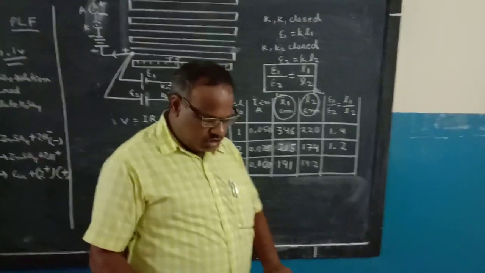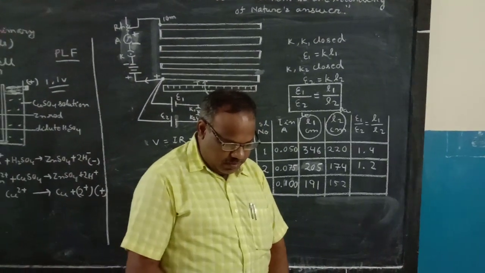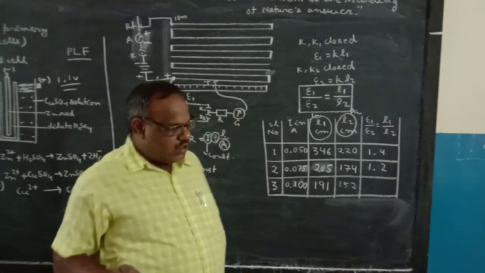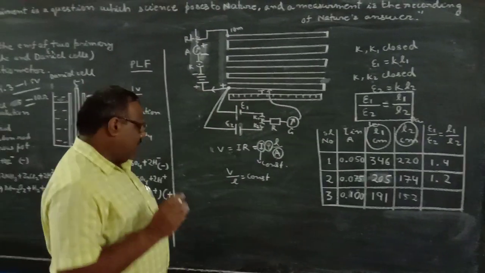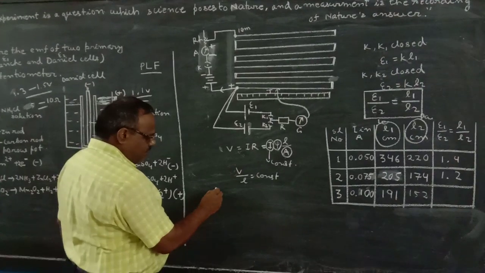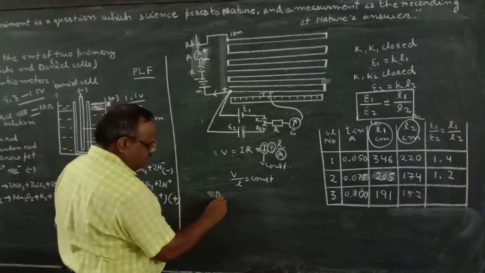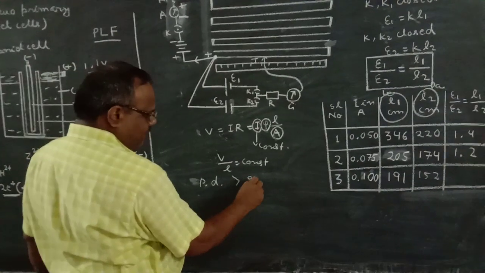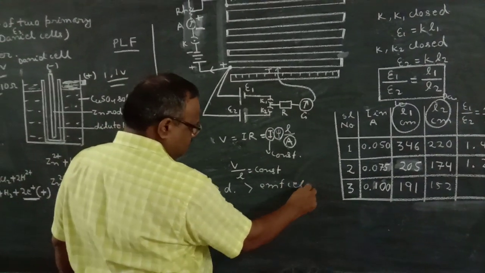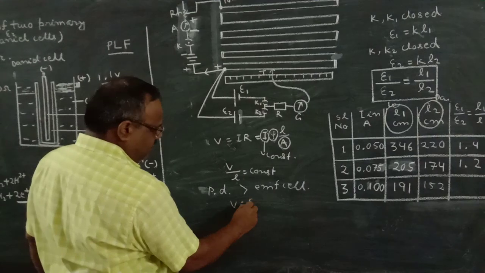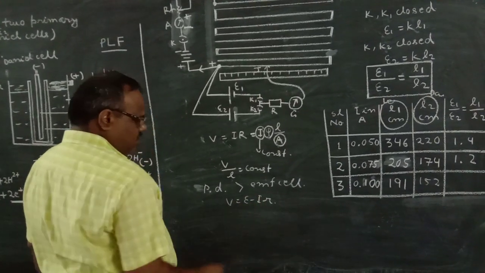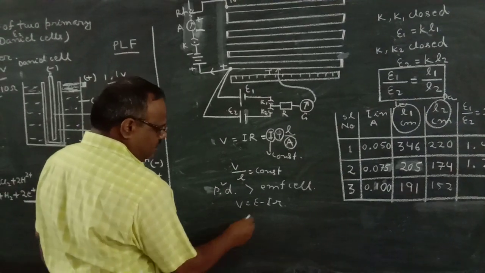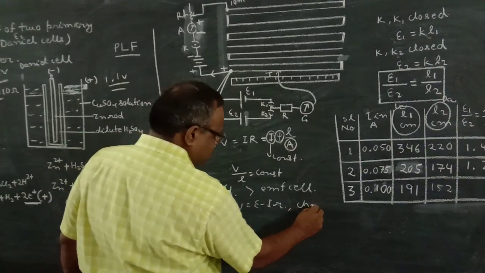Now the things to ponder. The first question is, can the potential difference be greater than the EMF of the cell? You know V is E minus Ir, but the potential difference will be greater than the EMF of the cell in the charging case.